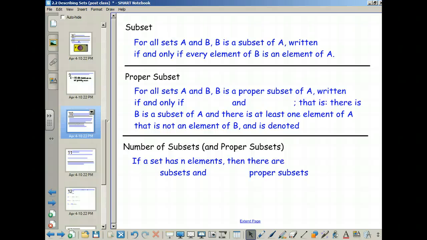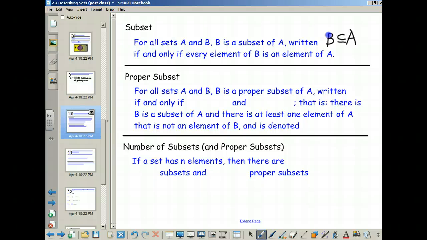All right, for all sets A and B, B is a subset of A. This is how you write it. If and only if every element of B is an element of A. Okay.